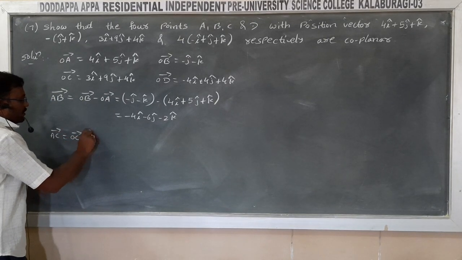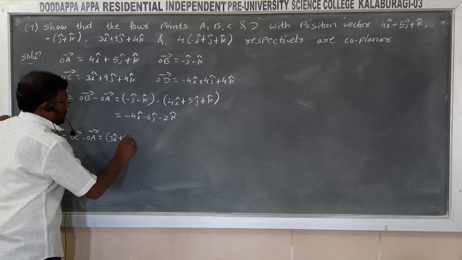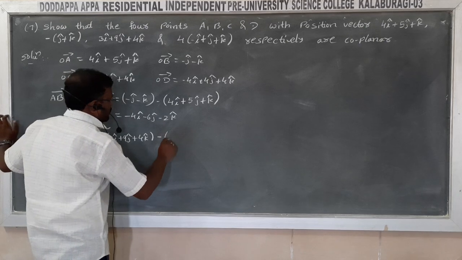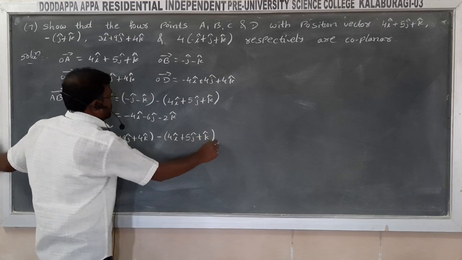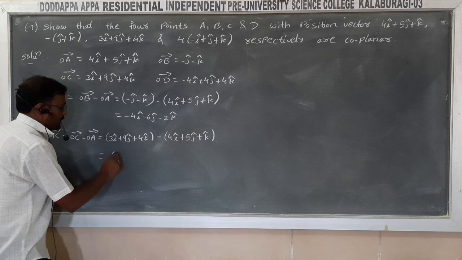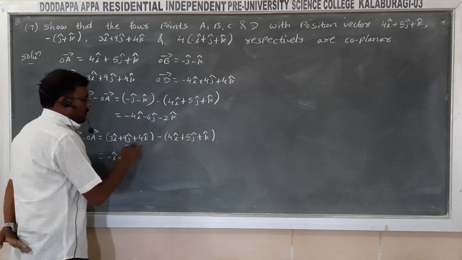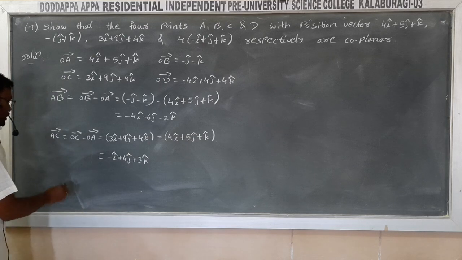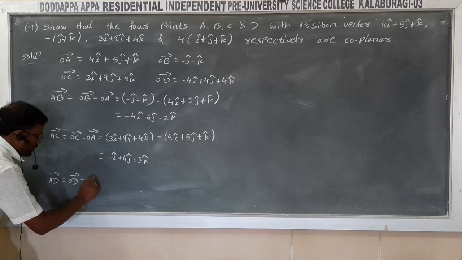Okay. Similarly, you can find out vector AC: OC vector minus OA vector. OC vector is 3i plus 9j plus 4k minus OA vector, which is 4i plus 5j plus k. Now you can simplify. 3i minus 4i is minus i, 9j minus 5j is 4j, 4k minus k is 3k. Okay, this is the AC vector. Next one, AD vector: OD minus OA vector.